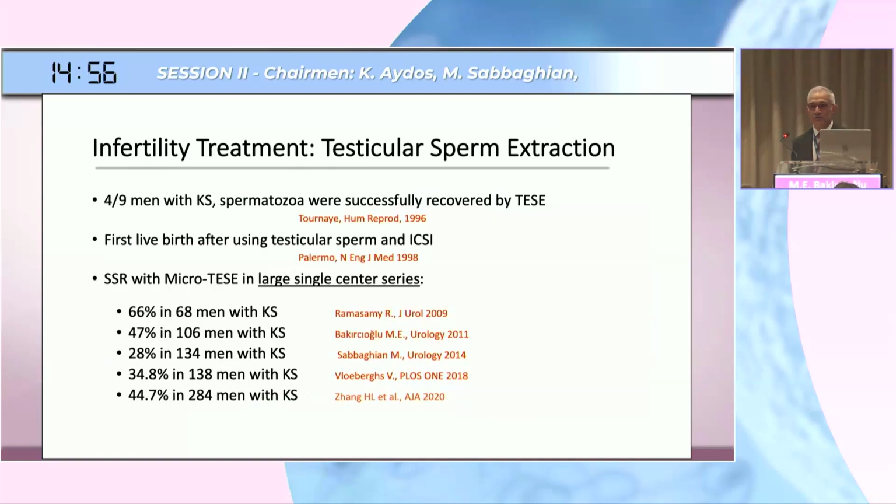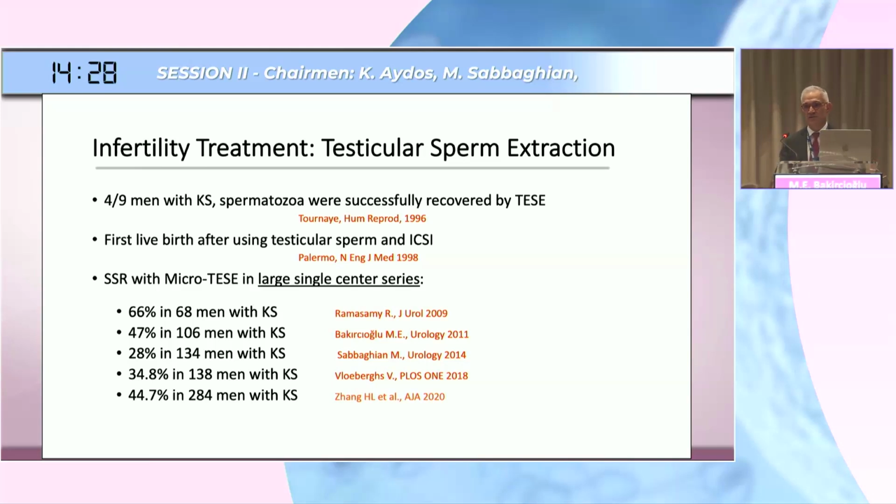And when we look at the evolution of testicular sperm retrieval from non-obstructive azoospermic men, it was first shown by Tournaya et al. in 1996. That was the first sperm recovery from TESE, and the first live birth using this testicular sperm was shown by Palermo in 1998.